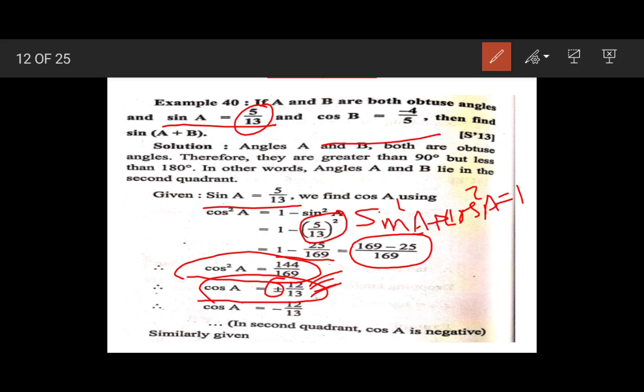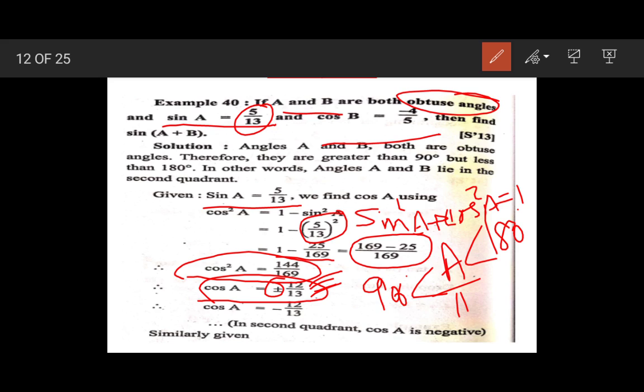Now see here, A and B are both obtuse angles. Obtuse angle means both are greater than 90 degrees and less than 180 degrees. So 90 degrees less than A less than 180 degrees.